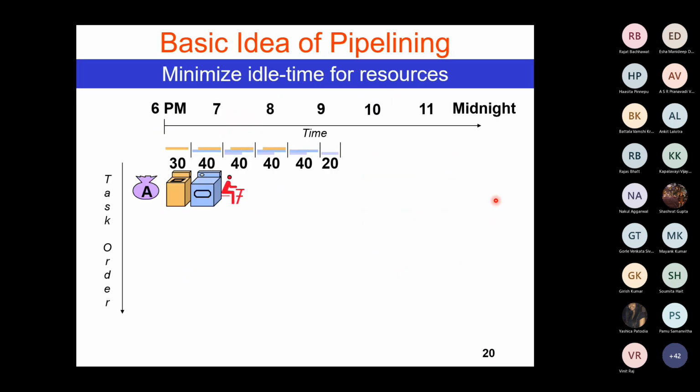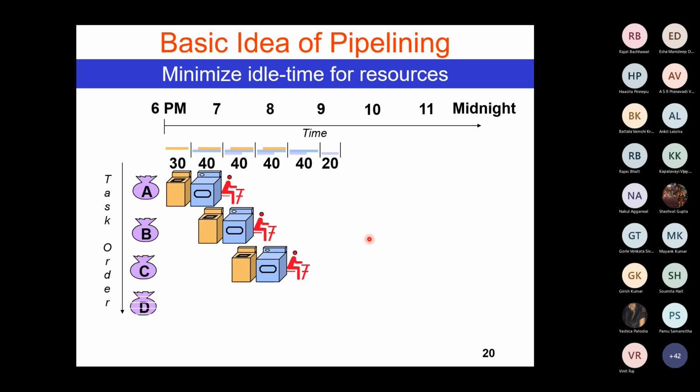In the basic idea of pipelining, the user A arrives, so he or she takes 90 minutes. But as soon as the washer is free, B starts his or her laundry here. And similarly, this continues.